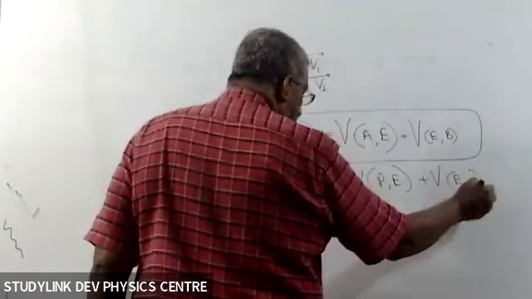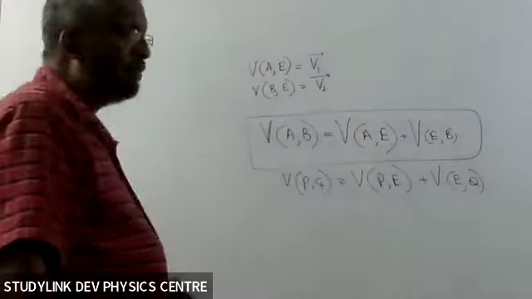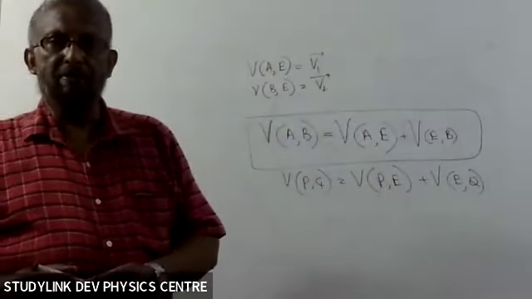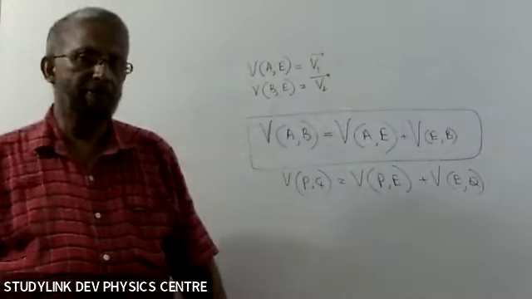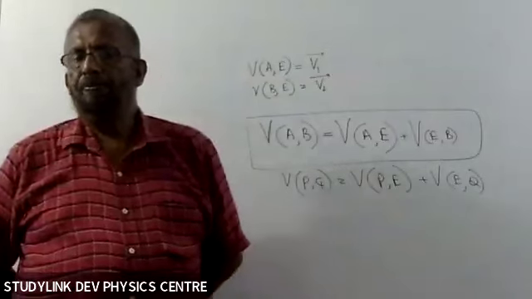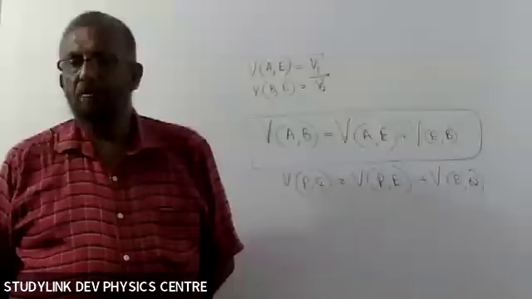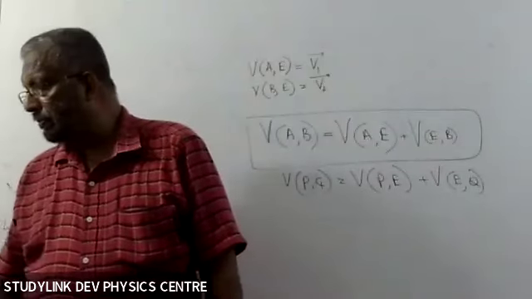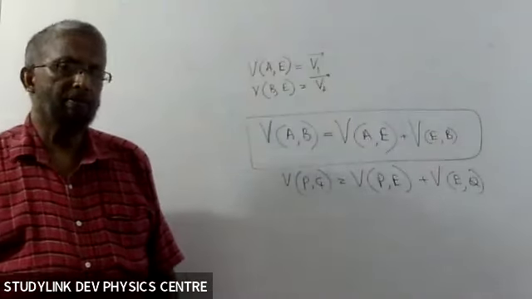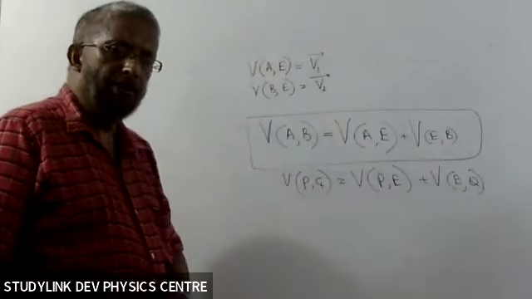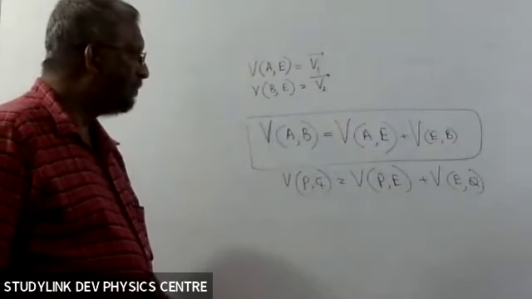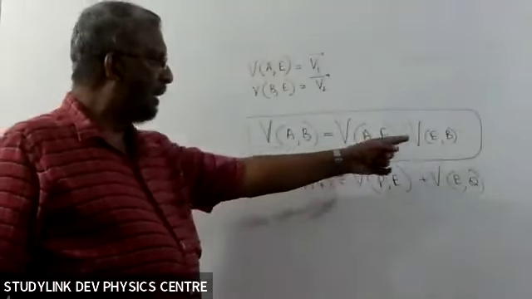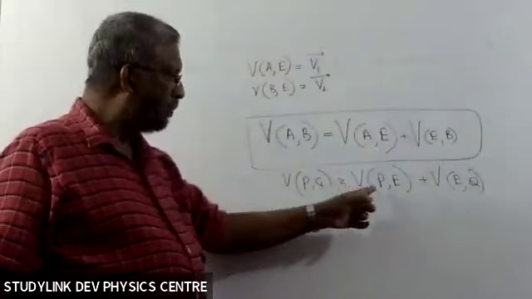E comes in between P and Q. You have to remember this: A to B is AE plus EB, or PQ is PE plus EQ.